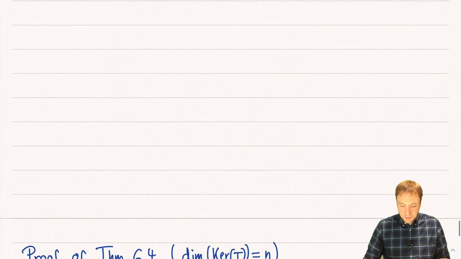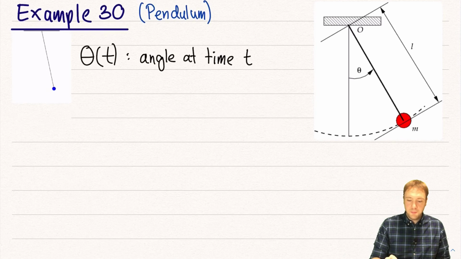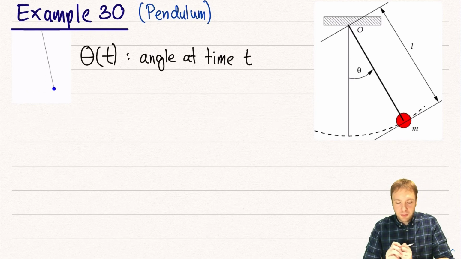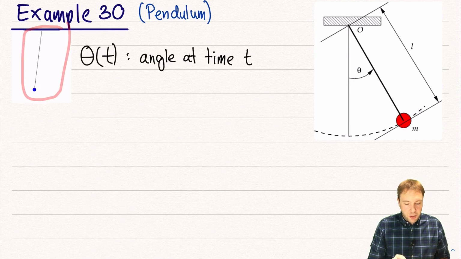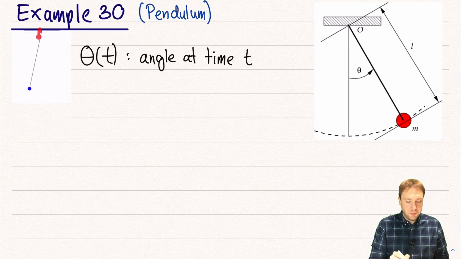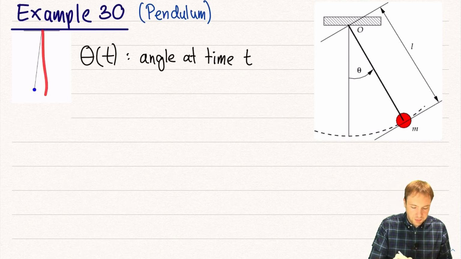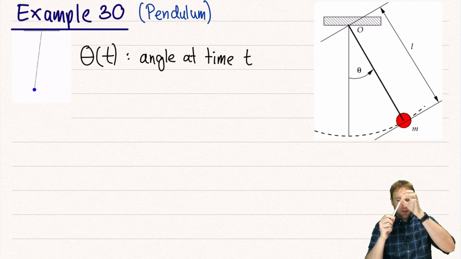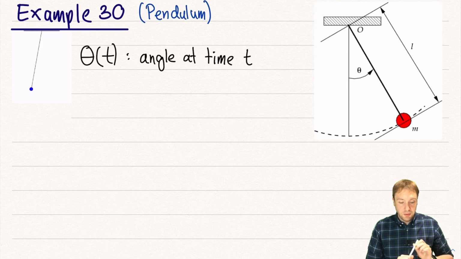And to finish this topic, we will do one example given by the so-called pendulum. As you can see in the animation, we have some mass attached to some fixed rod, and it swings like this, and we want to describe the motion of this pendulum.